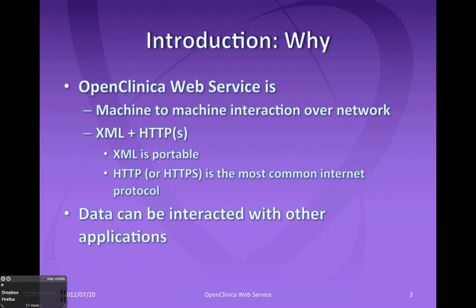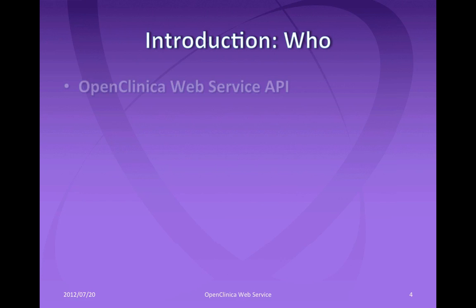Web service can help to solve interoperability challenges by giving your applications a way to integrate their data and business processes with OpenClinica. Each web service in OpenClinica is a simple, self-contained application which performs a function from a simple request to complicated business processes.